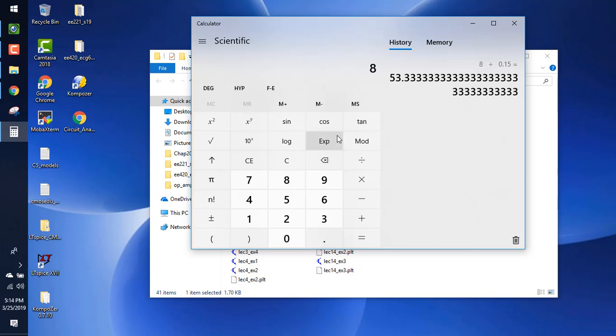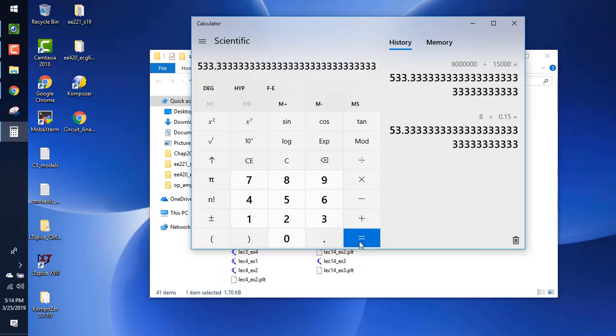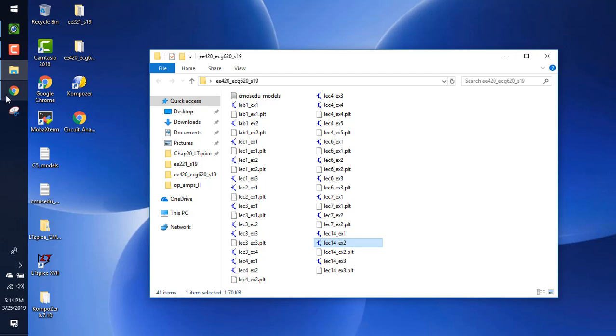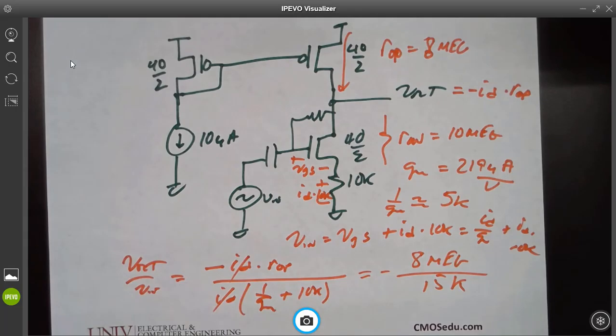Or let me, 8.6 divided by 15,000 equals 533. All right, so we see our gain's going to go down. Before I move on, any questions about that? Am I going too slow?